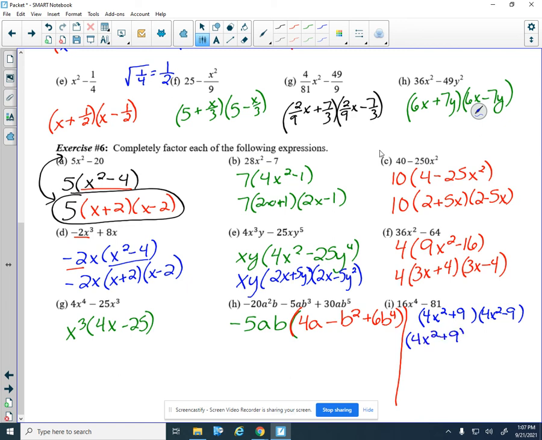That is not difference. That's a sum of perfect squares. This second binomial, though, is another difference of perfect squares. So I have to take that part, and to break it down to factor completely, that becomes 2x plus 3, 2x minus 3. Okay, so it is possible to have two difference of perfect squares in a row.